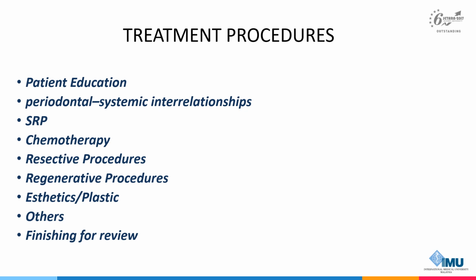Resective procedures, if needed, to reduce or eliminate periodontal pockets and create an acceptable gingival form that facilitates oral hygiene and periodontal maintenance. Soft tissue procedures in this can include gingivectomy, gingivoplasty, and various mucogingival flap procedures. Osseous procedures can include osteectomy, that is bone removal surrounding the root, or osteoplasty, reshaping the bone.